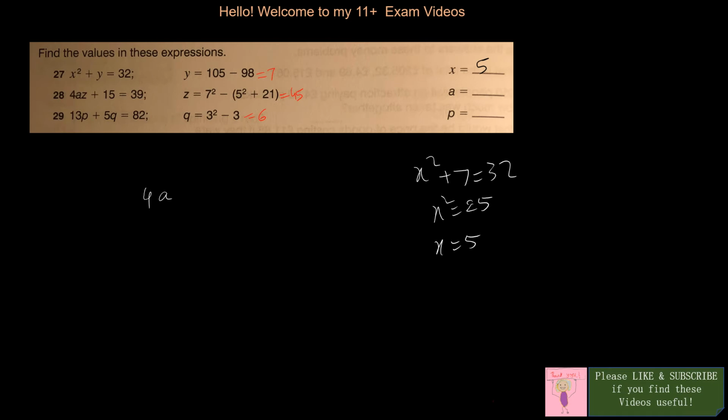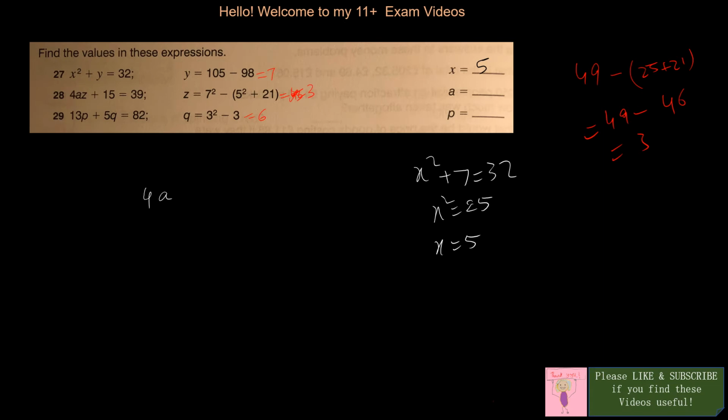Is that correct? What did I do? 49 minus, no, it's not correct. How silly of me. 25 plus 21 is 46, minus 43, that's 3. See, it's so easy to go wrong. It's 3.